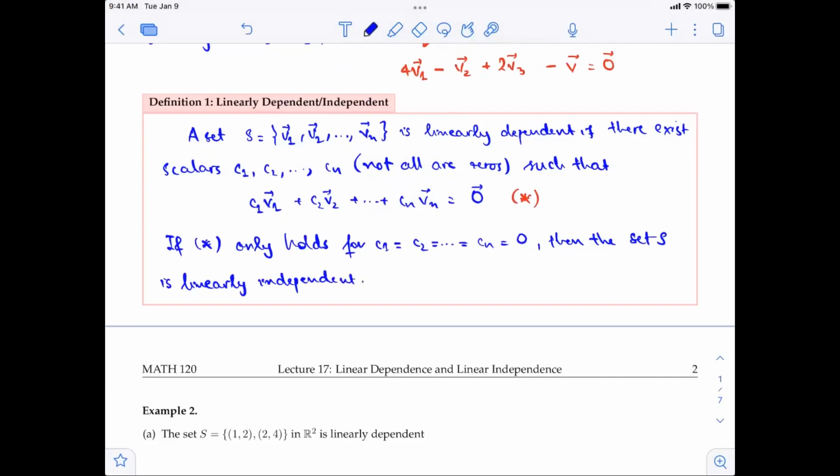And so that means they do not depend on one another. In the first case, the vectors depend on one another. In the second case, the vectors do not really depend on one another.